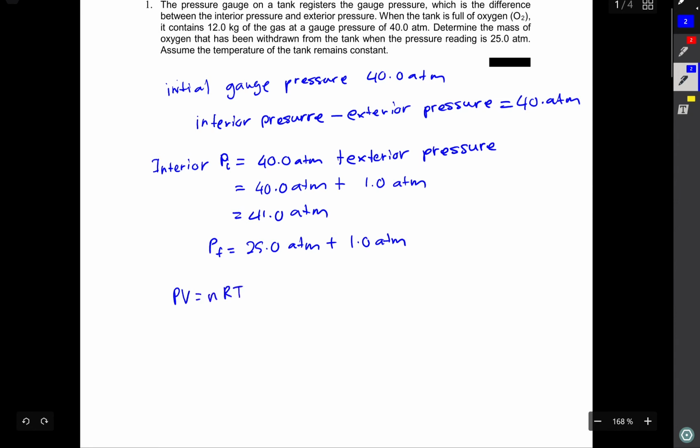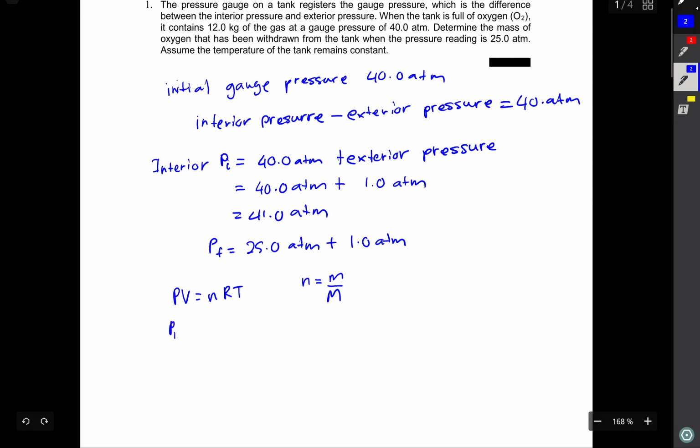This is what we're very familiar with, but here you're given kilograms, so we need to know how the kilogram relates to n, which is n equals m divided by the molecular mass, which in this case is of the gas. It's not given in this question, so how could we determine this n value? It doesn't matter.